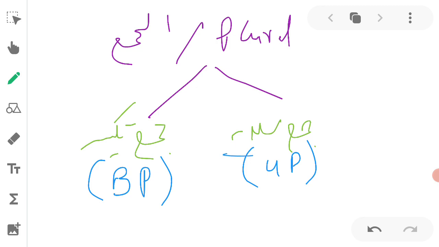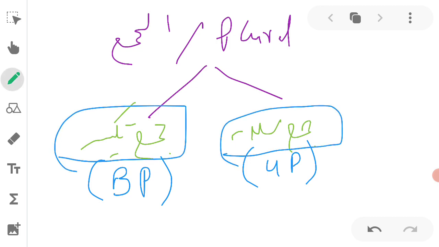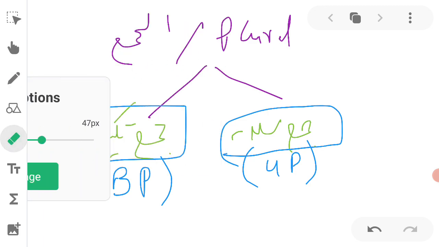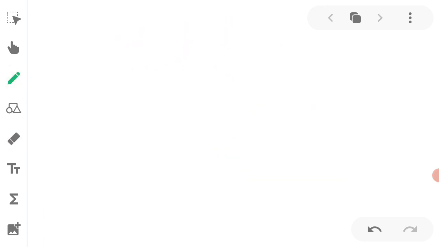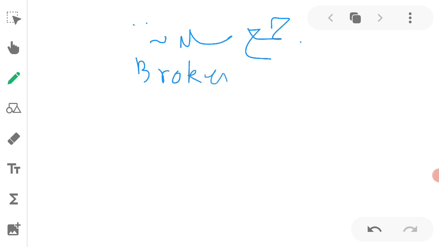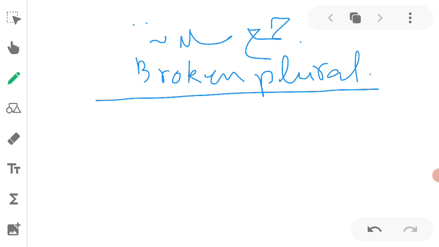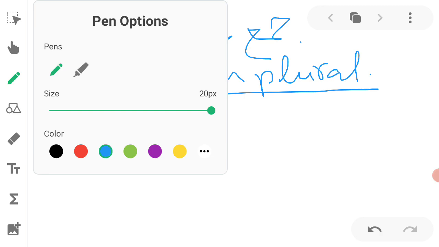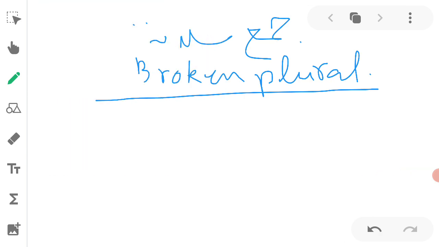Okay, so first take jam salama and then we'll take broken plural. First we have to see it is a simple plural, because broken plural is an example of a simple plural.